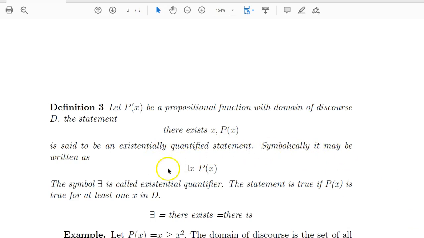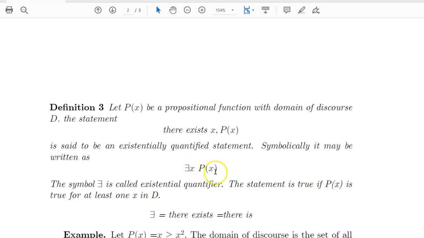Symbolically, it can be written this way. This symbol is a capital E rotated 180 degrees. This symbol is called the existential quantifier.